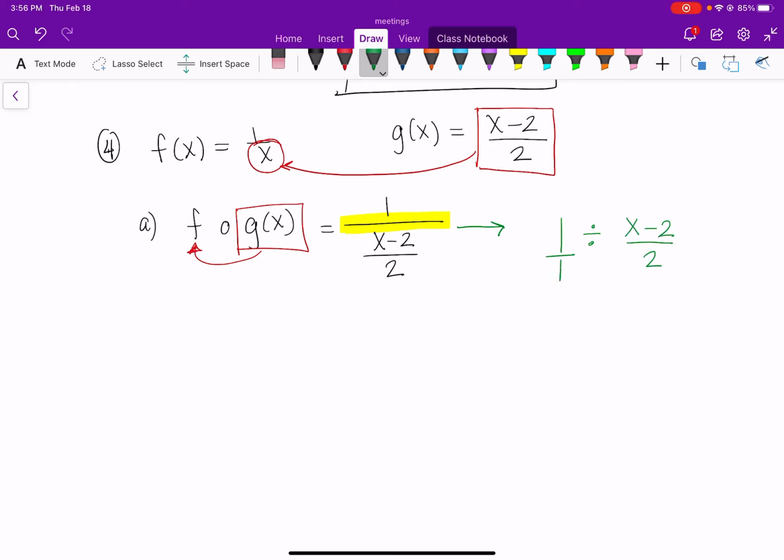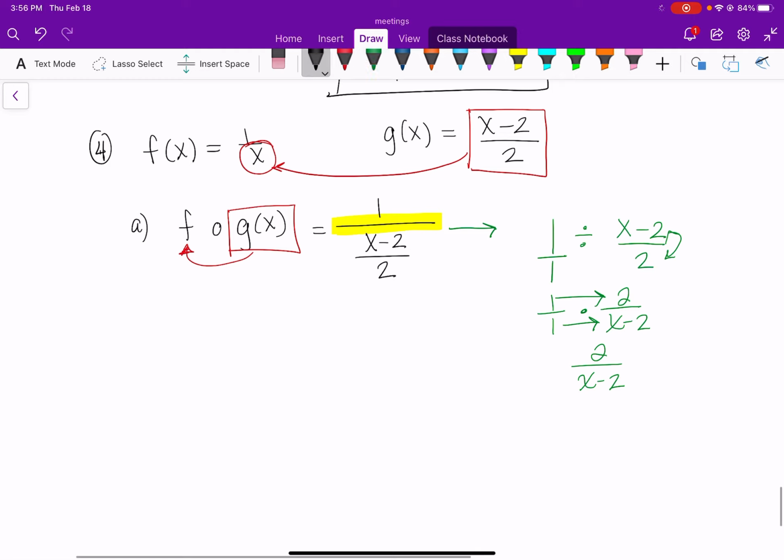I like to always put my fractions over 1, so this would be 1 over 1 divided by x minus 2 over 2. Remember, we keep the first one, change to multiplication, and flip the second fraction over, so it's 2 over x minus 2, and we multiply straight across. So this would be our answer here, 2 over x minus 2.